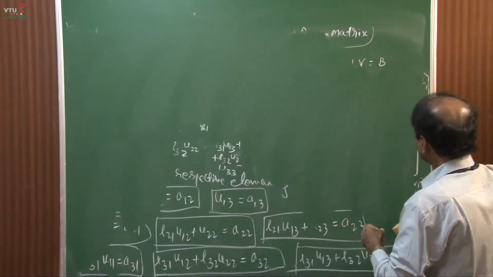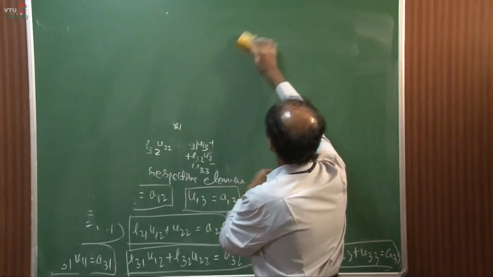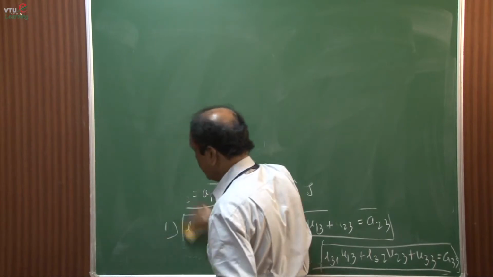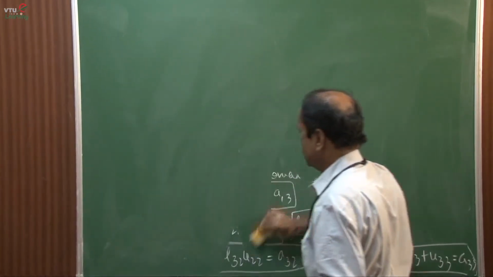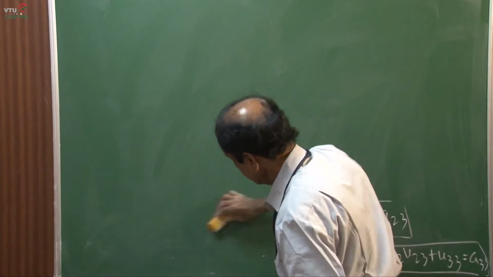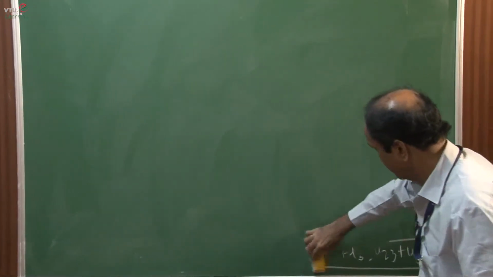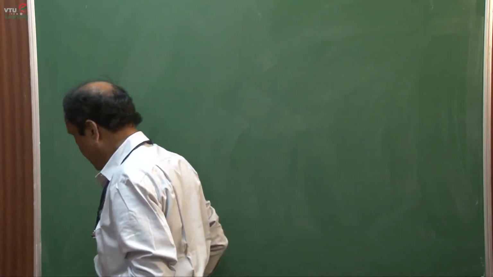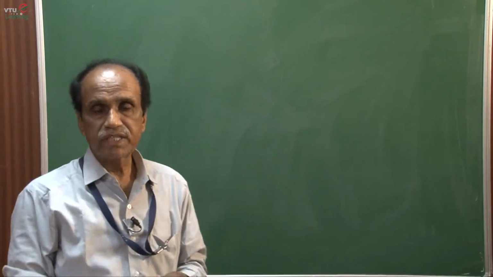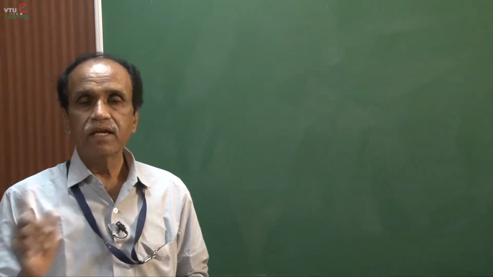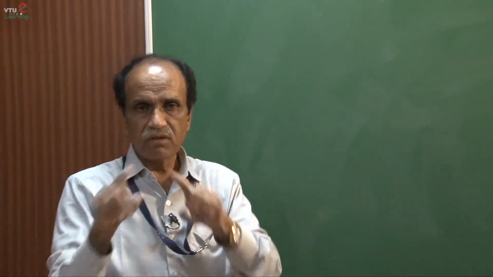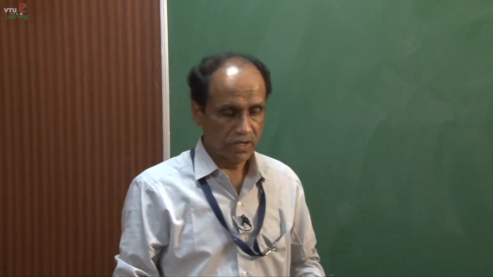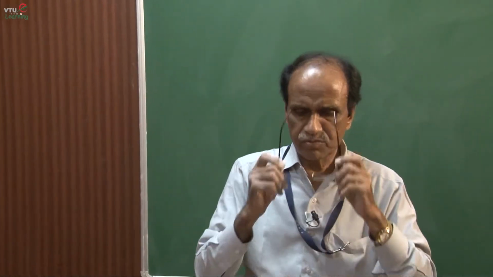The basic meaning of this LU decomposition method should be understood by writing what is L and what is U and how this is to be taken as a product, and the comparison after taking the product on both sides, how this is to be worked out by calculating the values of the unknowns in terms of U, in terms of L and in terms of x, y, z. So, all these are unknowns. All these are unknowns from the given coefficient matrix you have to work out. Okay. So, exactly according to that, the first problem I am going to select.